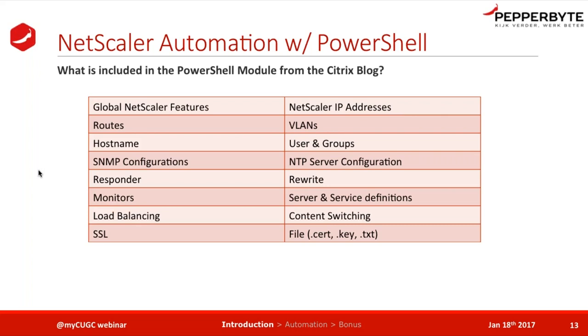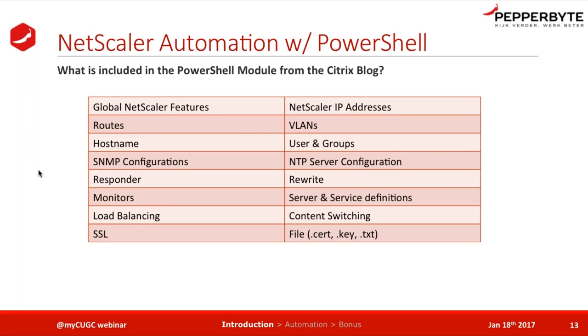This PowerShell module already contains a lot of basic commandlets or functions that allow you to configure these settings on your NetScaler. And I have to make a slight comment on that: what really helped me is that this PowerShell module from Citrix had all the basic functions to add new configuration information to a NetScaler.